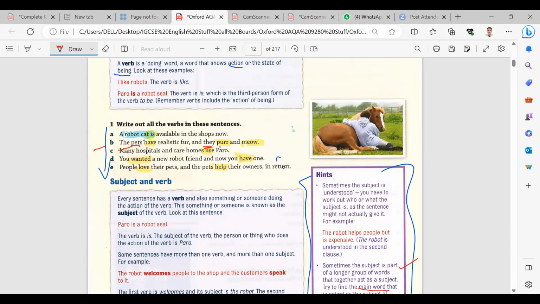Right. The last one. What is the subject? People. People, yes, who love their pets. And what is the subject of help? The pets. Well done. Okay, Khalid, clear?